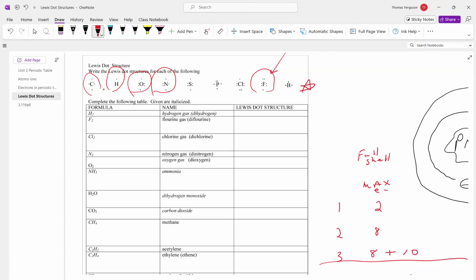And if you look at its valence electrons, look at oxygen, compare that to sulfur. They're identical. That's what makes the chemistry the same, is the valence electrons are the same. That's really important to understand.